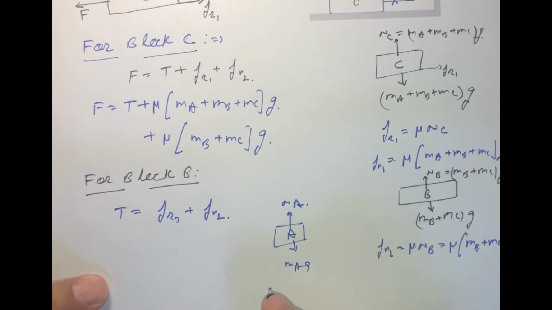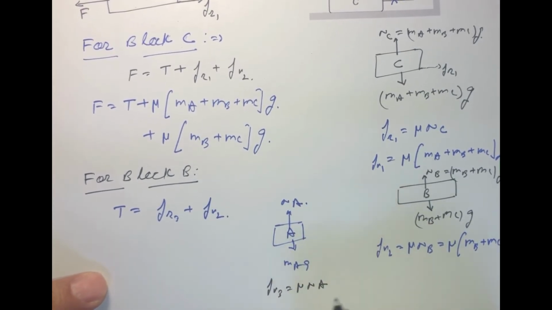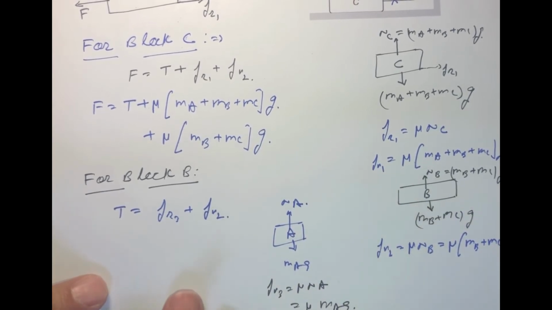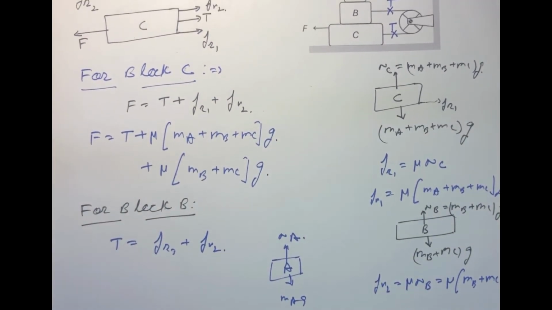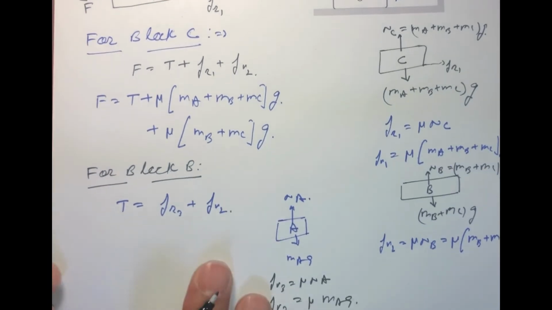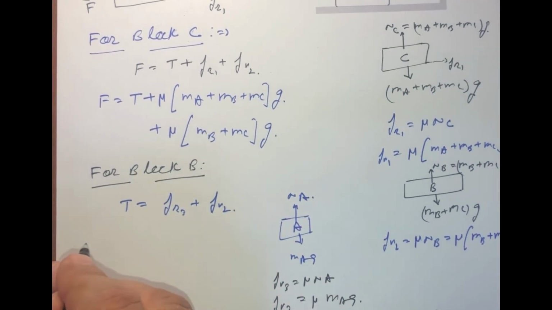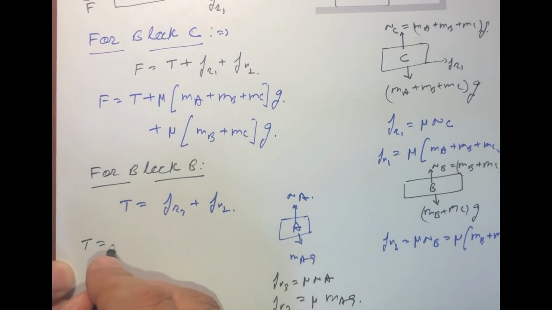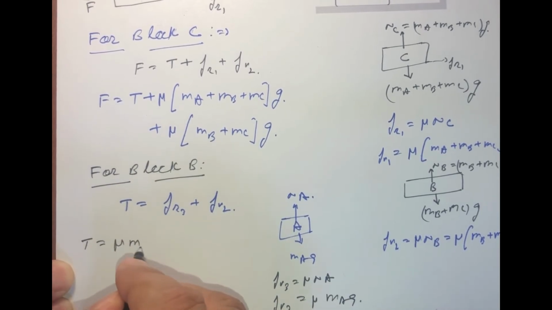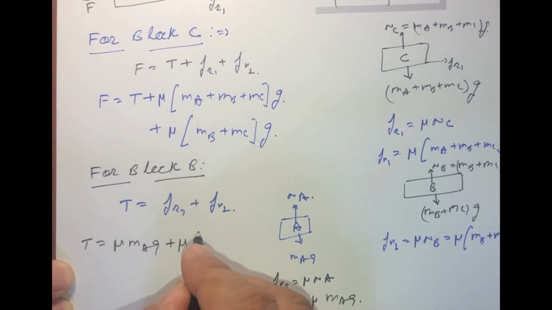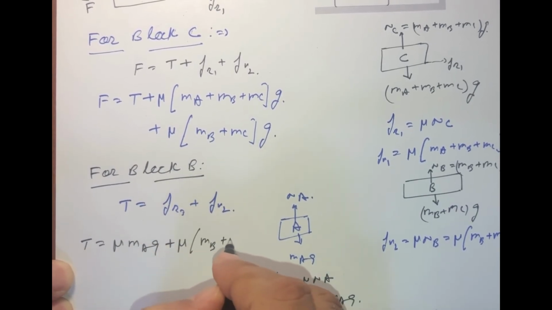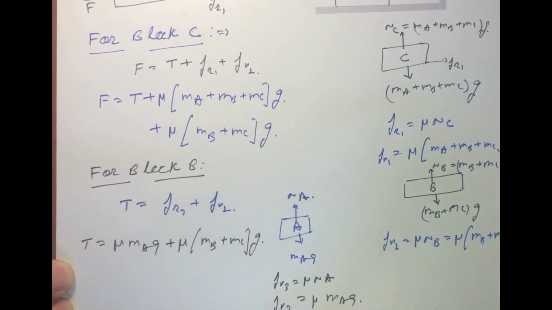So our FR3 will be equal to mu into NA, and that will be equal to mu into MA into g. FR2 we already know, so we put the value, and we get T is equal to mu MA g plus mu MB plus MC into g.